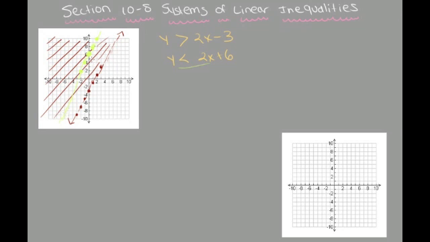I hope you can see that. These two lines are parallel. This looks kind of messy, but it's just an idea. It says y is less than 2x plus 6, so we would shade all the region under the graph.